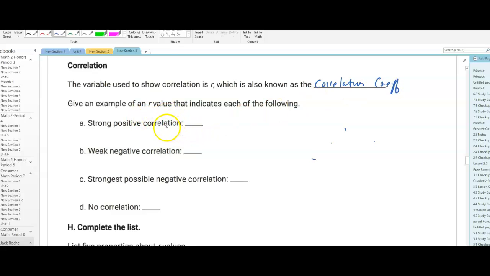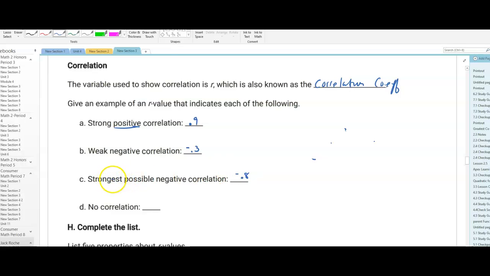Now, if I look at strong positive correlation, since it's a positive correlation, it would be a positive number, we'd say 0.9 or 0.8 would be pretty good. A weak negative one might have, say, negative 0.3. A strong possible negative correlation would be like negative 0.8.